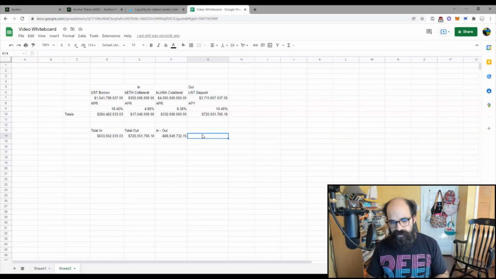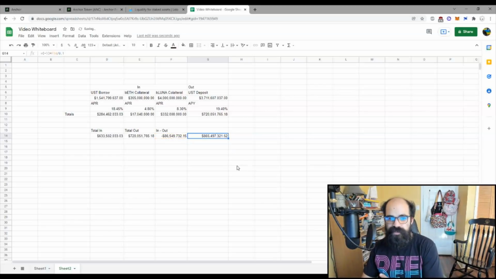I'm just going to get that number. If we assume that 1% of the liquidation value could account for that, then we can see how much would need to be liquidated in order to compensate for that. So that would just be equal, I'm going to say -1 times this number, then divided by 0.1.